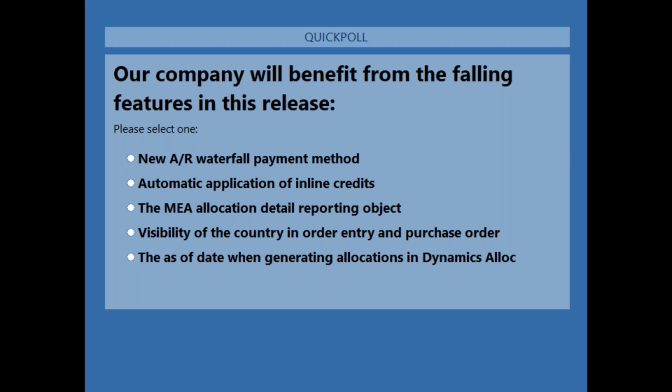Following features in this release: new AR waterfall payment method, automatic application of inline credits, the MEA allocation detail reporting object, visibility of the country in order entry and purchase order, the as of date when generating allocations in Dynamic Allocations. All right, so pick one of those.